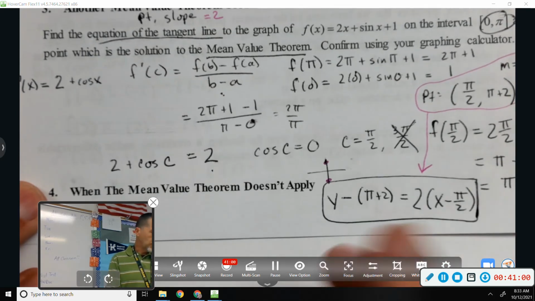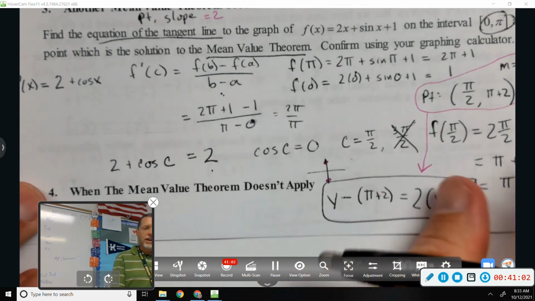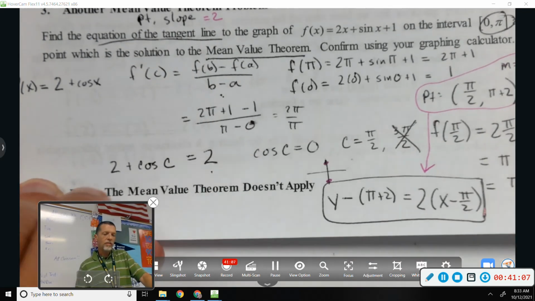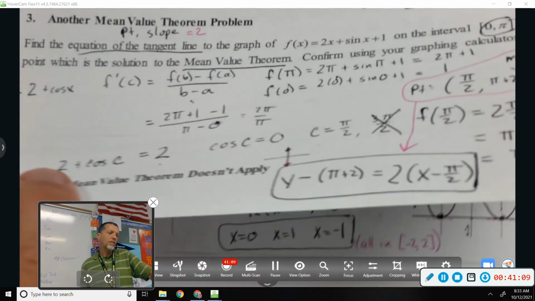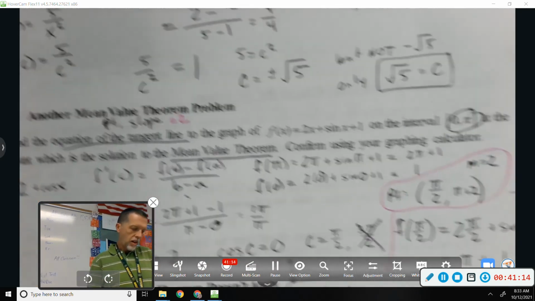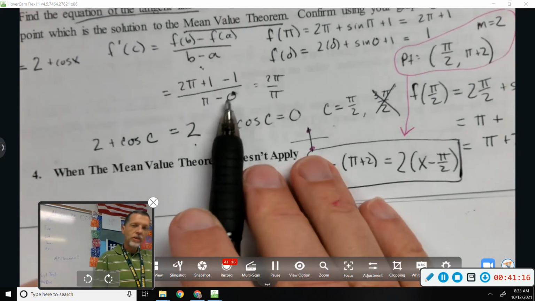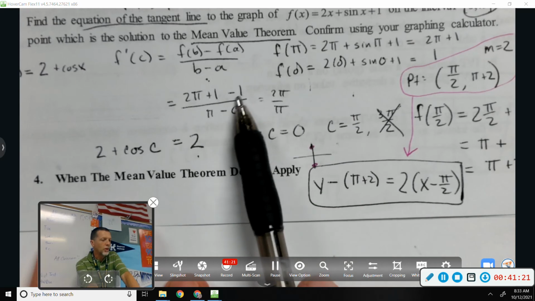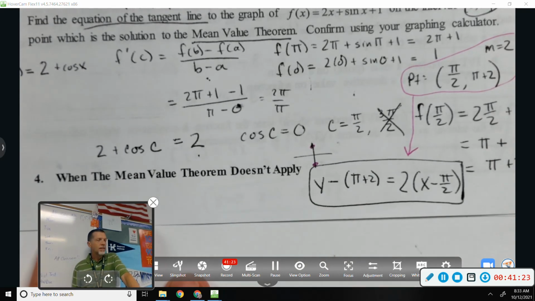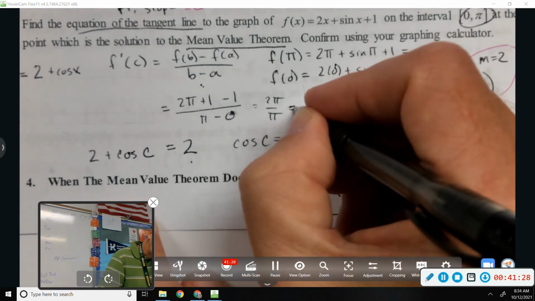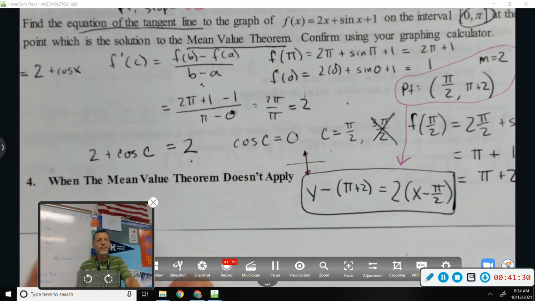Normally I couldn't do that, but because it cited MVT, once I found slope is 2, it was what we're concerned with. Where did you find slope? The algebra slope is 2 when we plugged in all the algebra 1 stuff, when we did the algebra 1 part of the problem. They ended up canceling because it was 2 pi over pi. So it was looking really ugly until everything canceled out nicely.